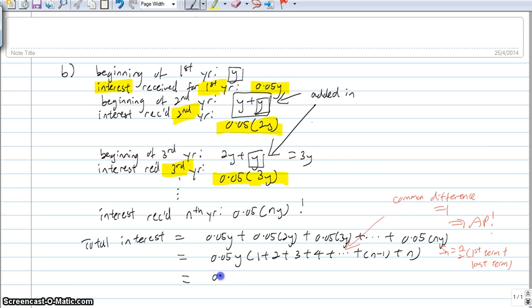So this gives me 0.05Y, first term 1, last term n, times the number of terms, n, divided by 2. So 0.05 divided by 2 gives me 1 over 40. So I have shown part B.